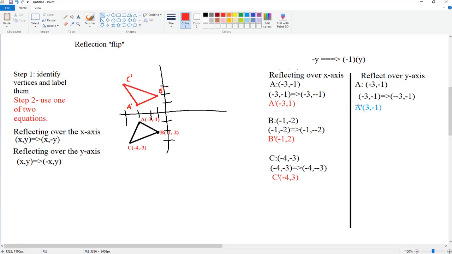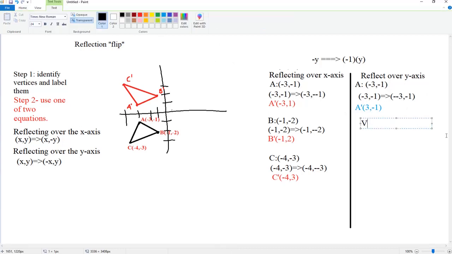So let's do it again for y-axis. So I have B, it was originally negative 1, negative 2. My equation would be negative 1, negative 2, so just rewriting it, arrow. Now for the y-axis reflection, it's telling me that the x has a negative in front of it now.